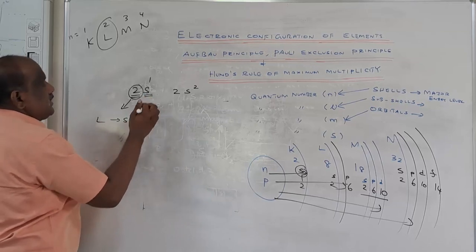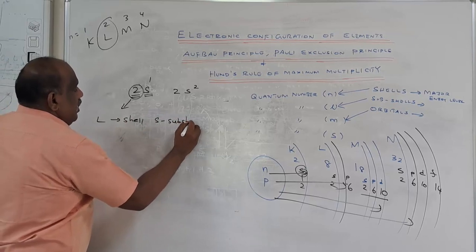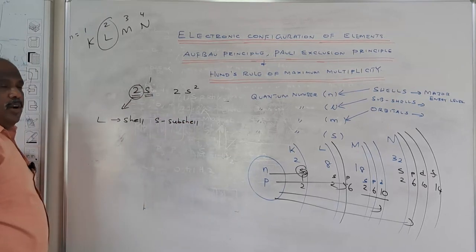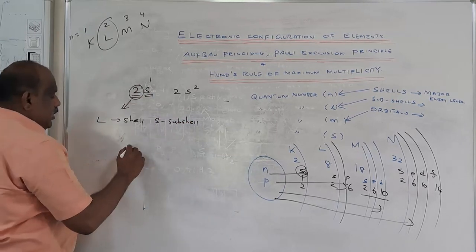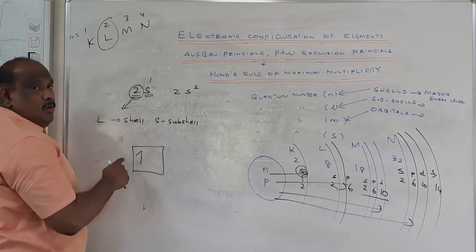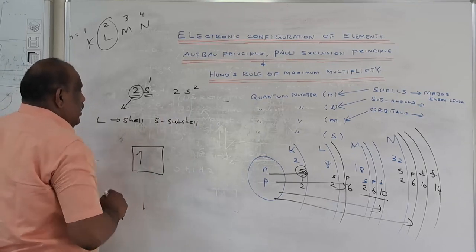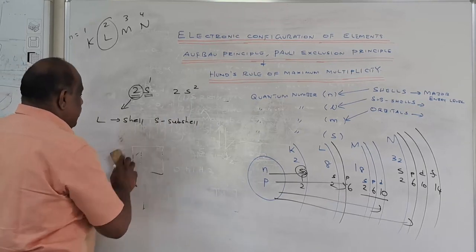What does the small s indicate? Subshell. Which subshell? The s subshell, and it is going to have the first electron. So I can draw like this, only one electron. Now let us draw 2s2. This is 2s1. Otherwise, I can make it still clearer.